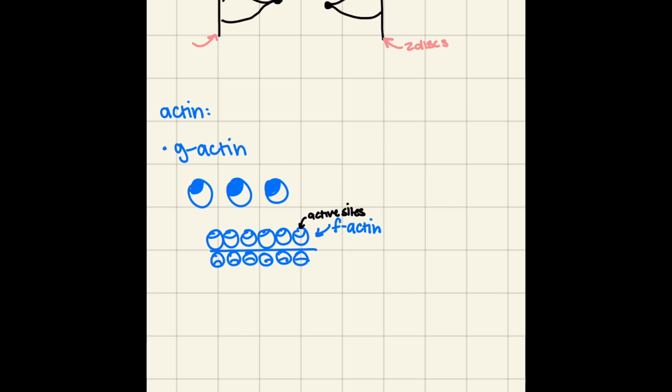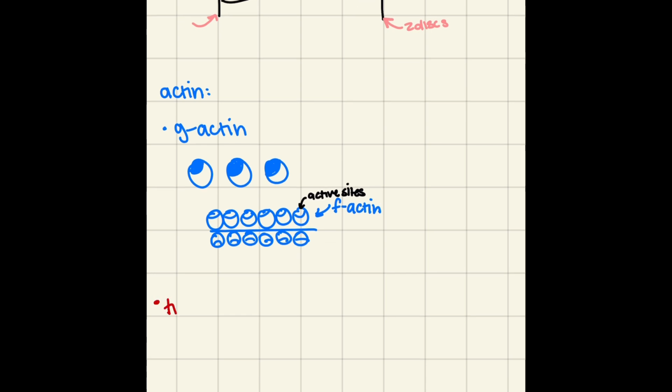So we have the alpha helix around nebulin, and that's part of actin. Then, also part of actin is what we call tropomyosin. Now this is going to cover up F-actin, the binding sites for myosin. So it covers the myosin binding sites. For every 7 G-actin, there's 1 tropomyosin.